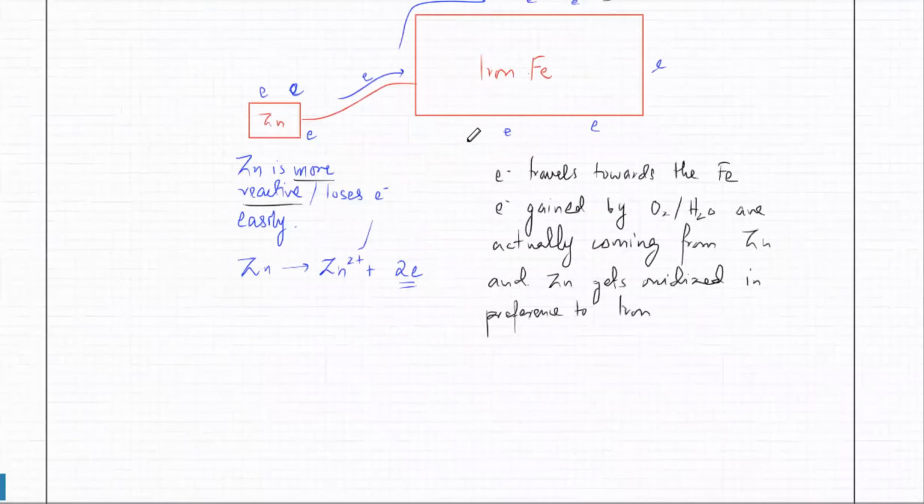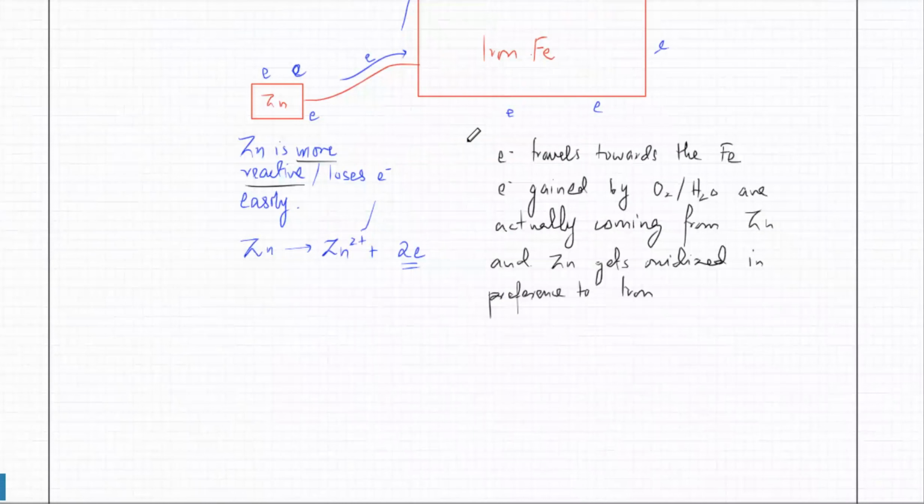And one more thing: most of the time they don't even attach a piece of zinc to it. That's known as cathodic protection.